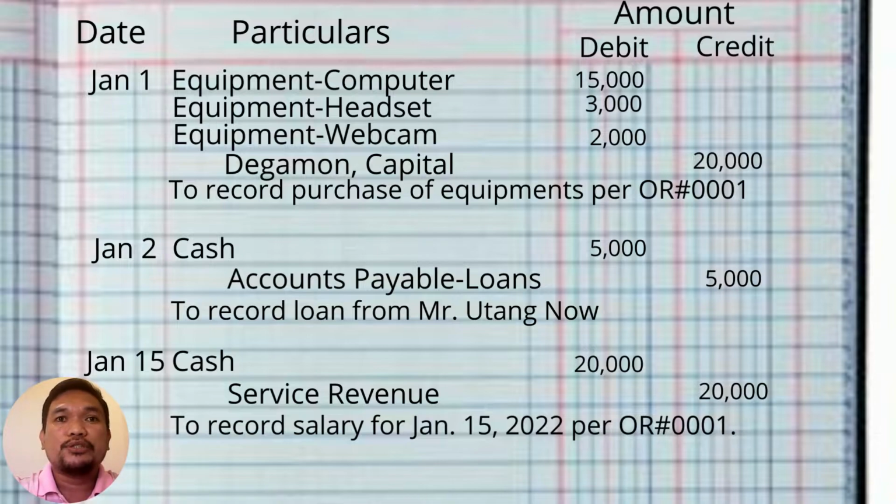And also a ledger for Digamon Capital, for the equity account. And then after that, gagawa din tayo ng ledger for cash. Ito yung mas maraming movement, yung cash. And also accounts payable, and then of course the service revenue, and also the rest of the accounts that we have used in our part 2.